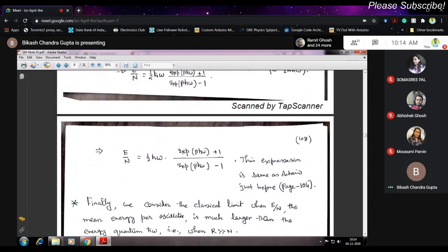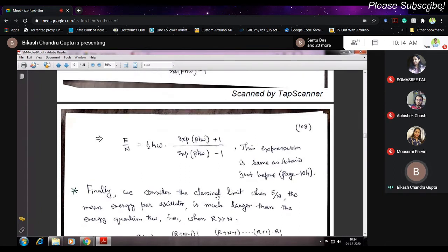Yeah, right. So this expression does match with the expression that we obtained from the partition function of the n quantum harmonic oscillators.